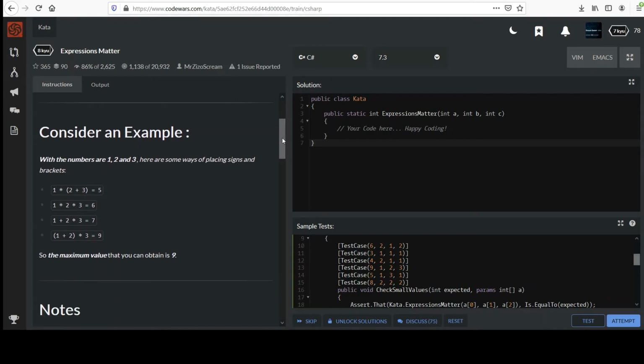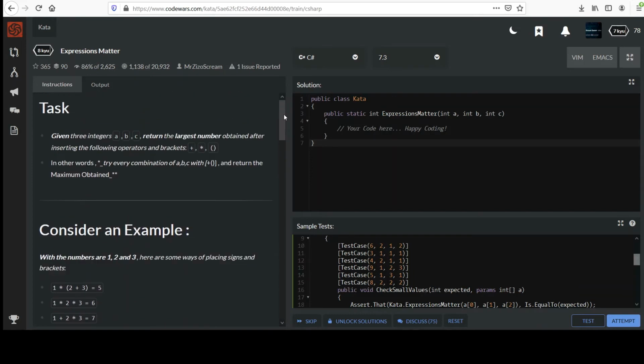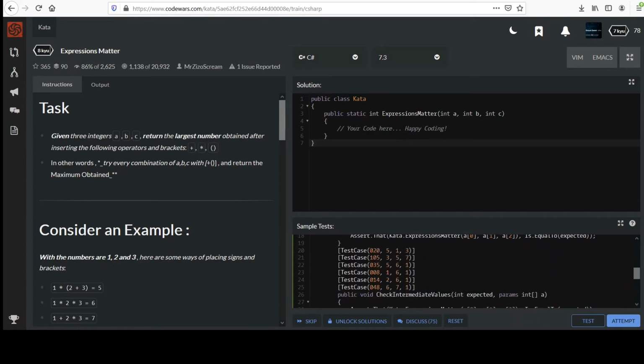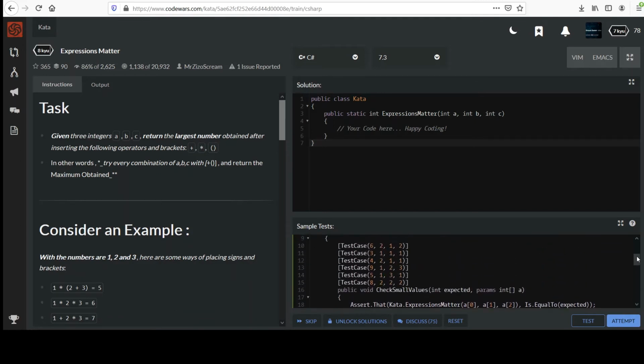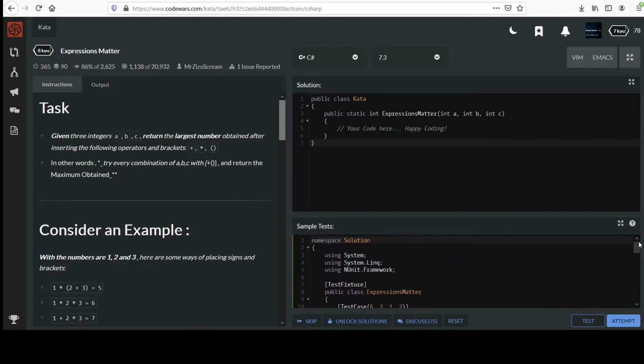So yeah, I know it's a little bit wordy in the description and not the best description, but go ahead and pause the video. You can check out the test cases first if you want to try and get an idea of what they're going for if it still isn't clear. I would say implement what you think is the situation, test it, and you're going to get feedback if you did it wrong. That's what happened to me.